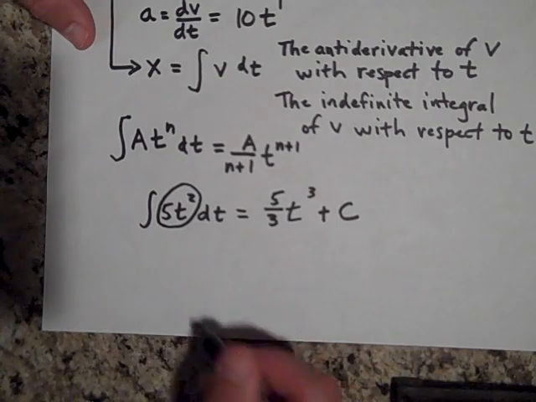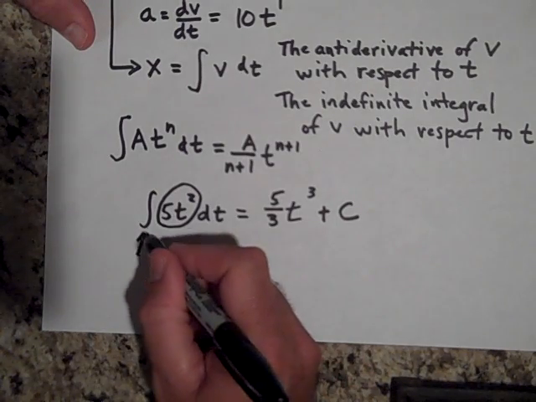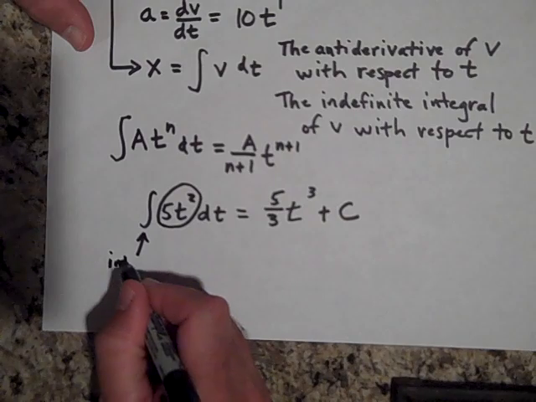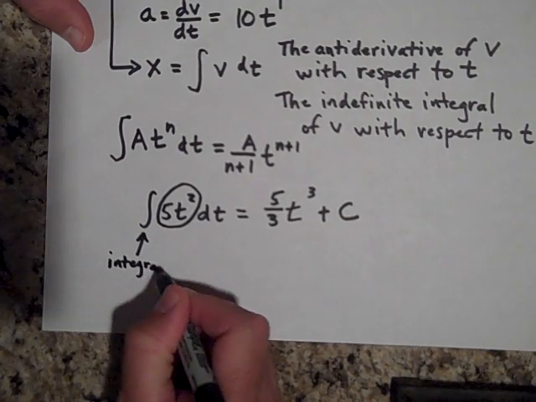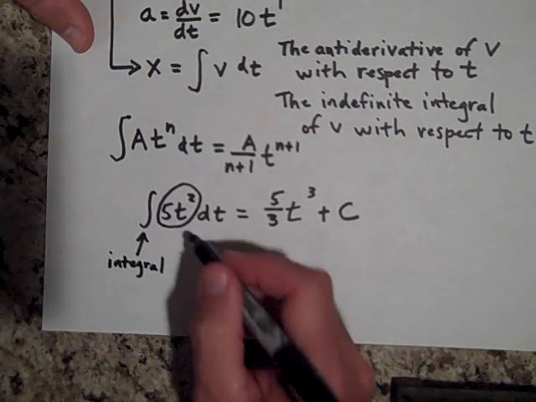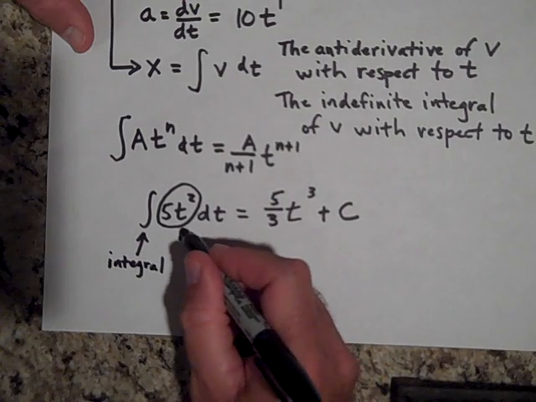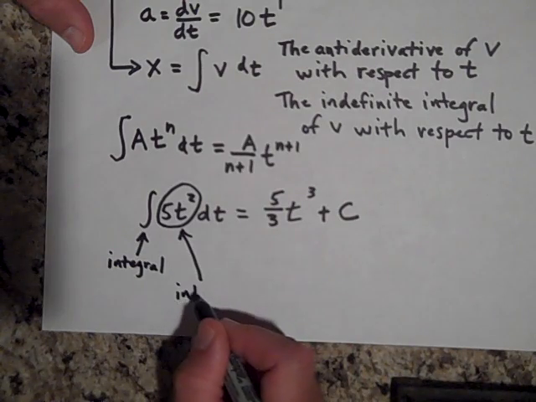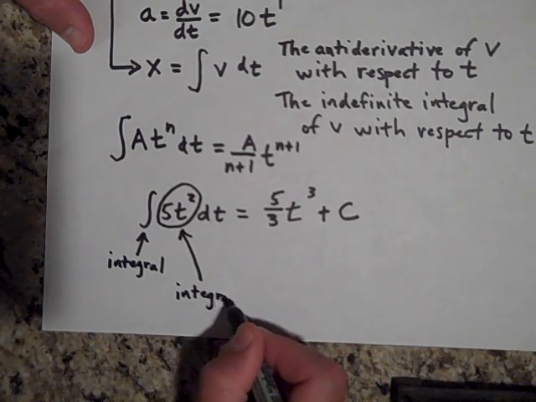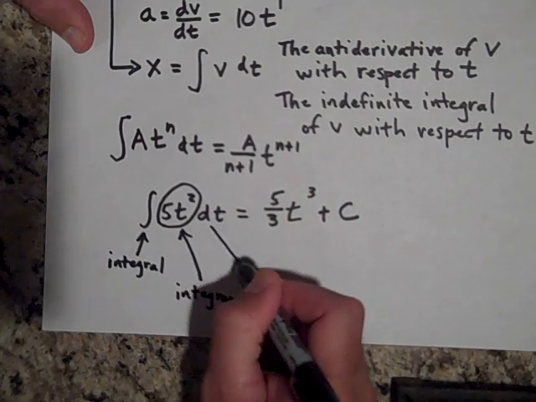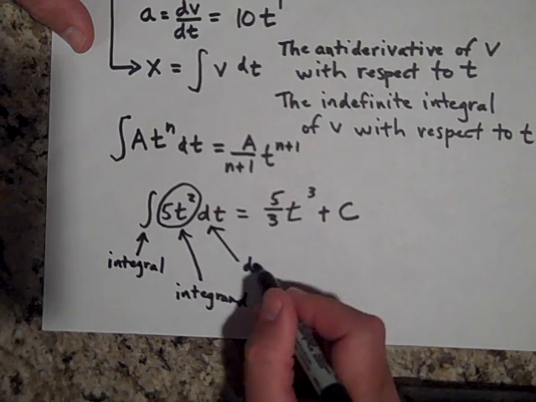A little bit more about notation. This symbol here is called the integral sign. That's called an integral. This here, that's called the integrand. And this here, that's called the differential.